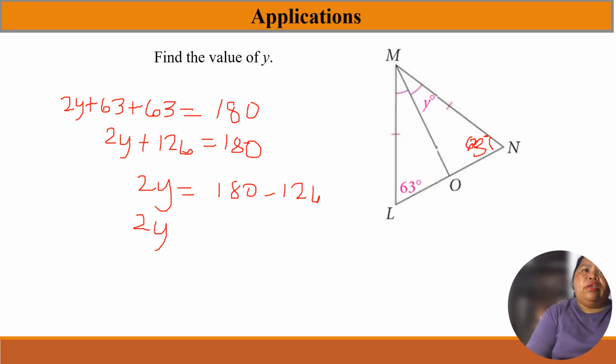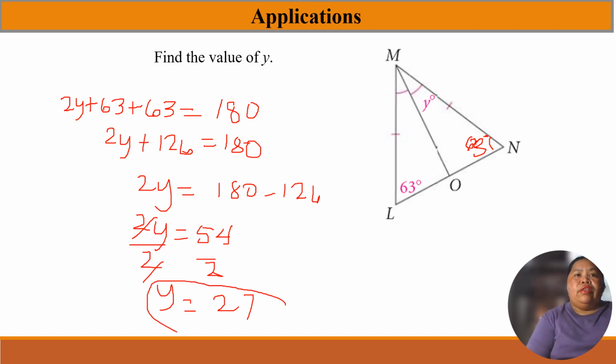Then 2y equals 54. Divided by 2, y equals 27. If y is 27, this is also 27, and 27 plus 27 is 54. If we add 63, 63 plus 54, the total is 180.